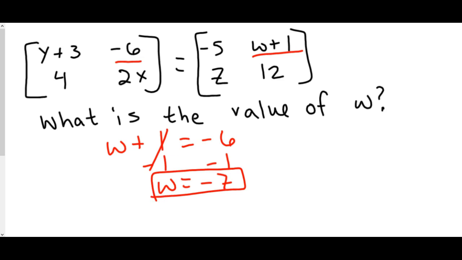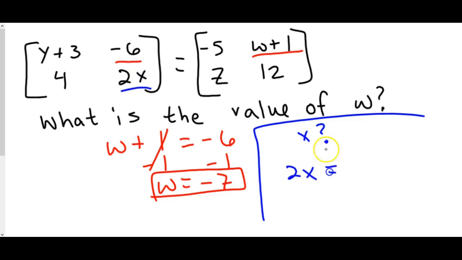And they could ask you for any variable. Let's say we want x instead. Then we take the 2x and set it equal to its corresponding piece, which is the 12. 2x equals 12. To solve this, we have to know that this is really 2 times x. Opposite of multiplication is division.